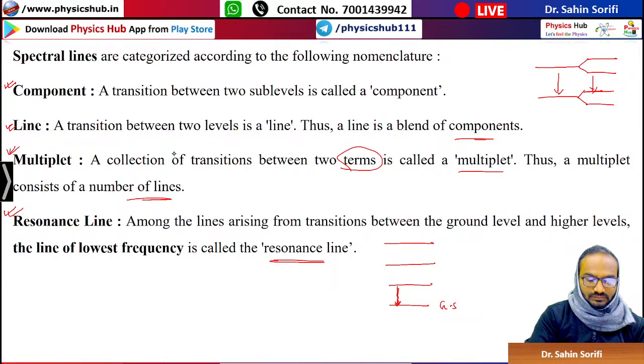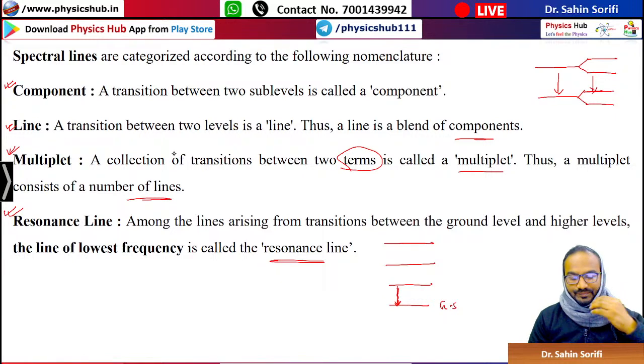Harry? Tell me, is there any improvement? Okay, so let's start once again.